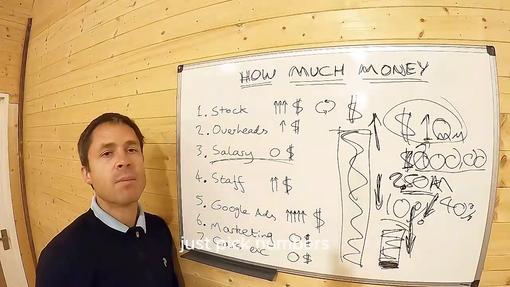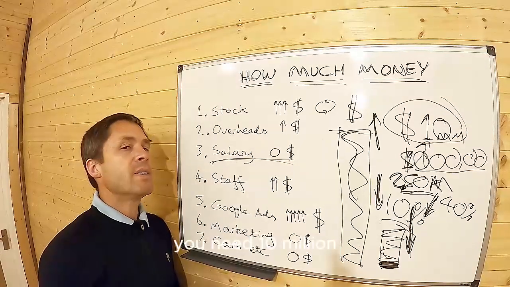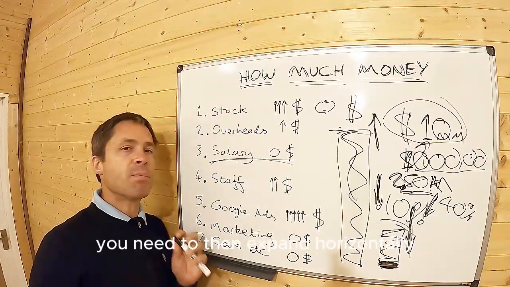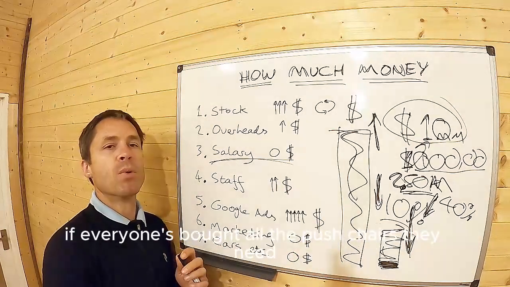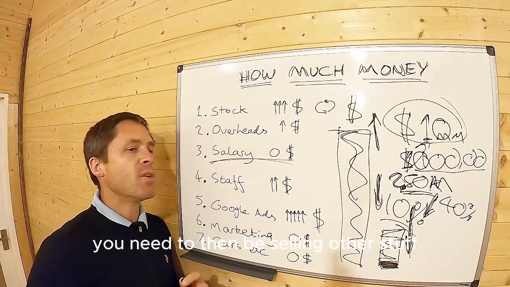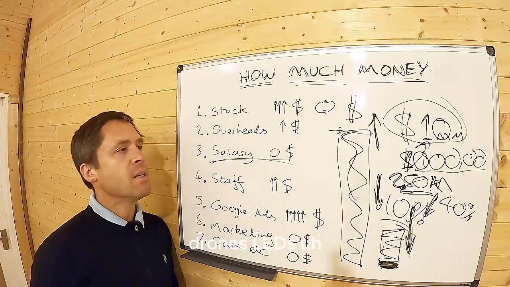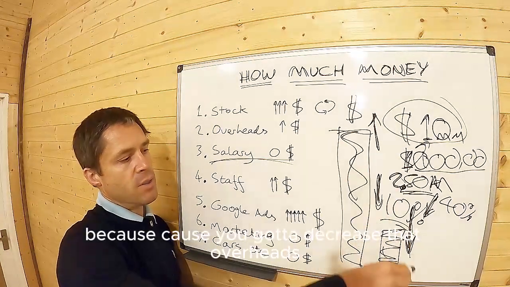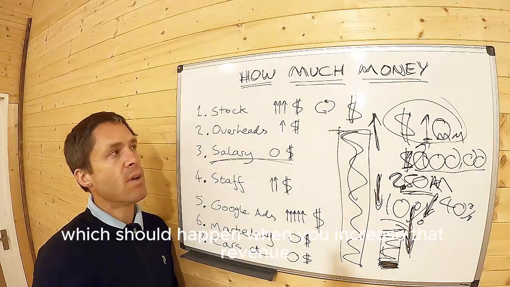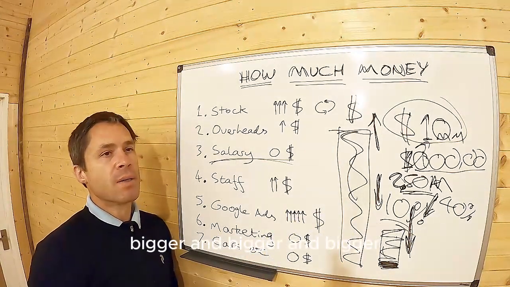I'm having to just pick numbers. You need 10 million, 20, 30, 40, 50. You need to then expand horizontally if everyone's bought all the pushchairs they need. You need to then be selling other stuff, new industries, drones, LEDs, because you've got to decrease that overheads, which should happen when you increase that revenue. Bigger and bigger and bigger.